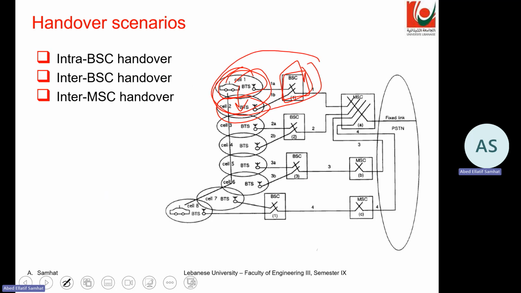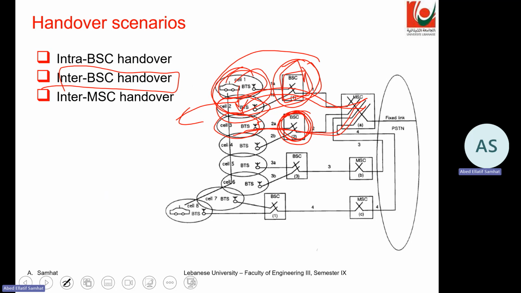If the user is moving from one cell under the control of one BSC to another cell under the control of another base station controller, in this case, we call it inter base station controller, and the information to allocate everything will be handled at the mobile switch center in order to make the allocation.